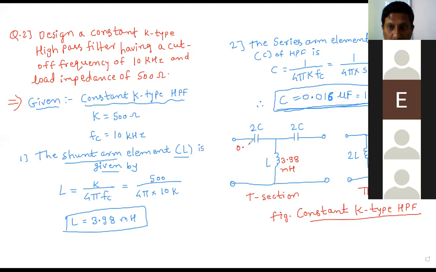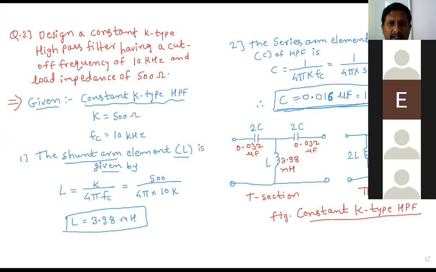What about 2L? 7.96, correct, 7.96 millihenry. This is the design of constant K type high pass filter.